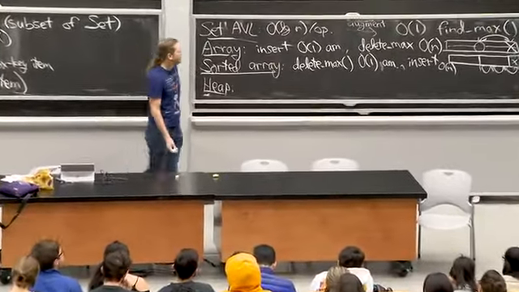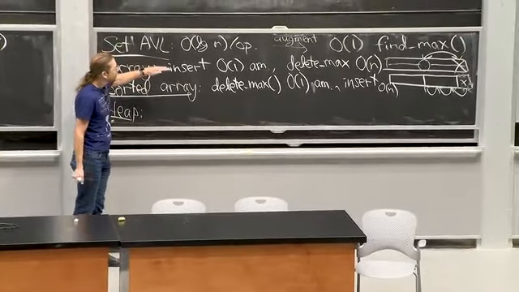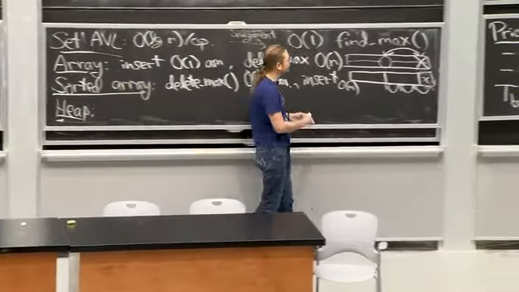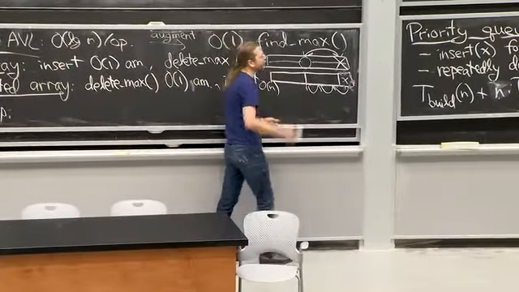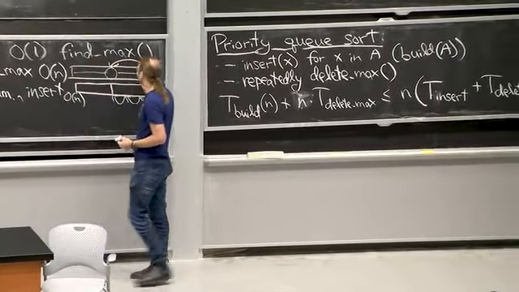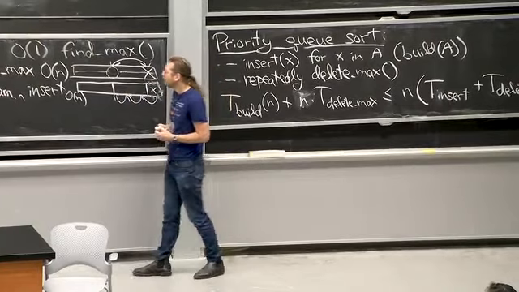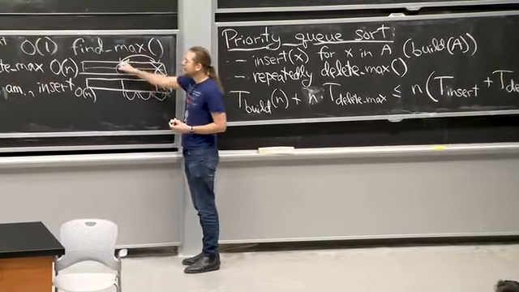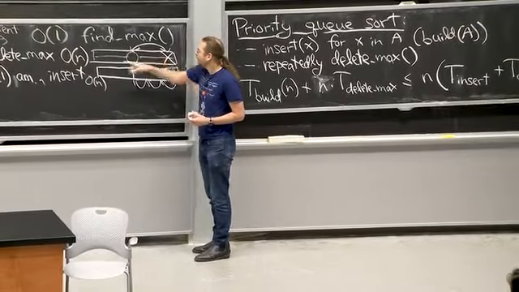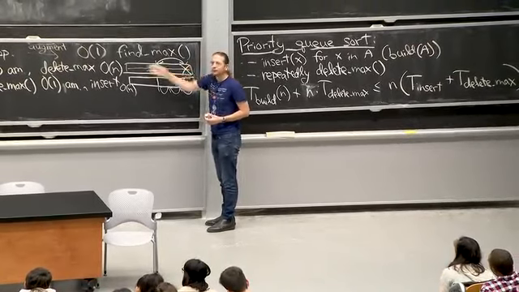Now, what about array sort? So suppose I use an unsorted array. I insert the items. So I'm doing all the insertions before all the deletions. What's going to happen is I just insert the items in the original array order. In other words, I just take the array. And then what I do is repeatedly extract the maximum item by searching for it, moving it to the end of the array, and then repeating that process.